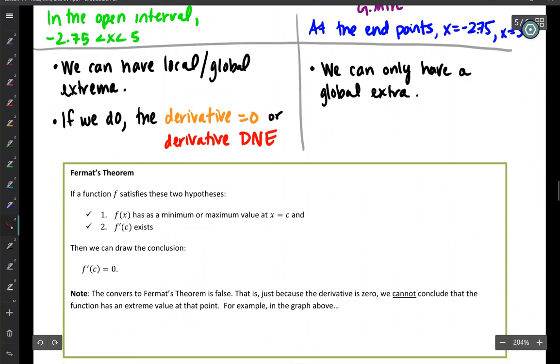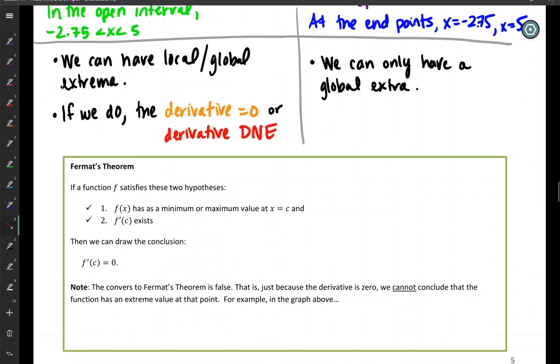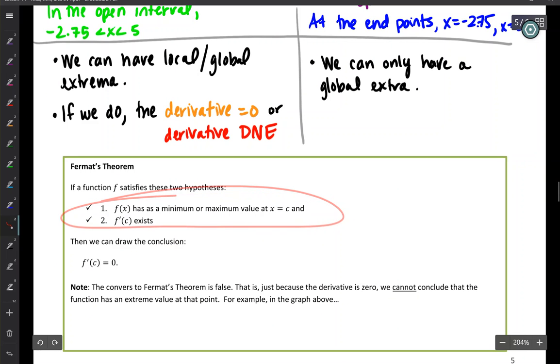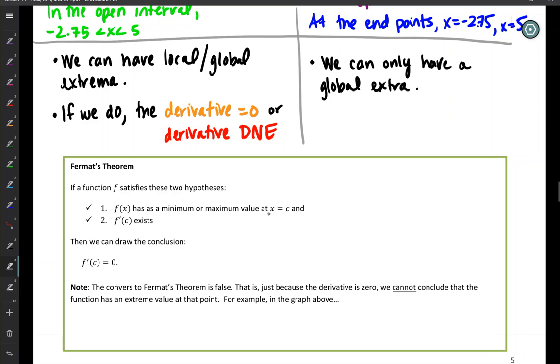Okay? So Fermat's theorem. Fermat's theorem says that if these two statements are true, if a function has a max or a min, it's not specifying global or local, doesn't matter, could be local, just has an absolute max or min at a particular x value, x equals c, and the derivative exists there, then what must be true?